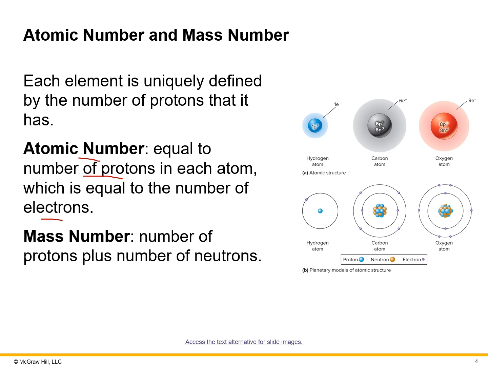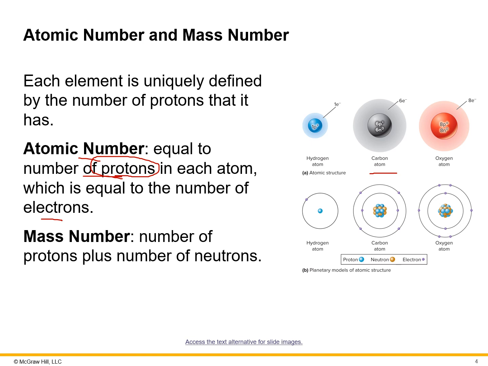We'll talk about some exceptions coming up, but for the most part, they're the same. The atomic number is always going to be the number of protons. So for example, hydrogen has 1 proton, so its atomic number is 1. Carbon has 6 protons, so its atomic number is 6.